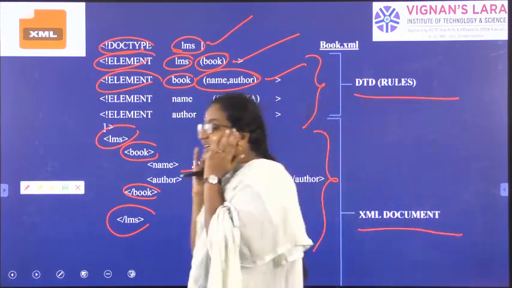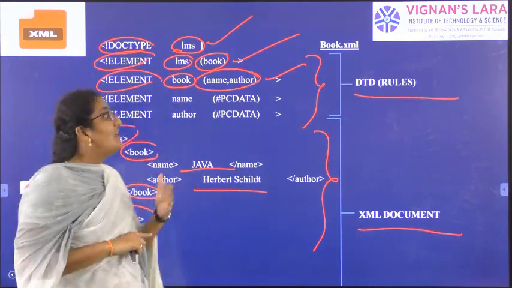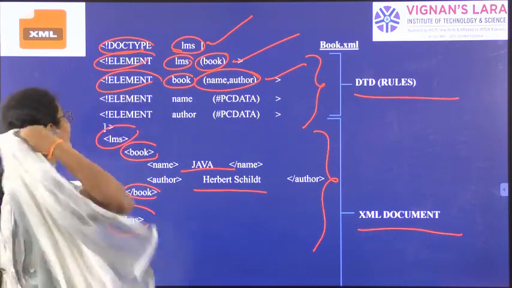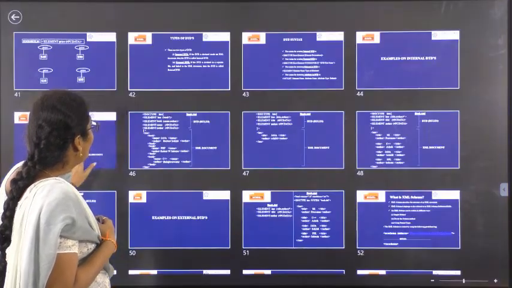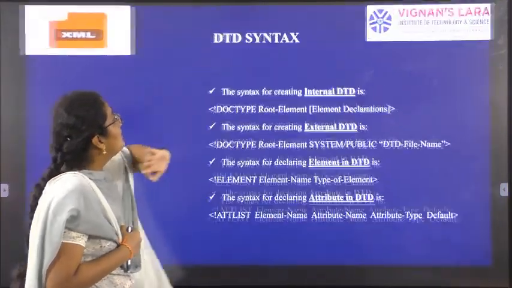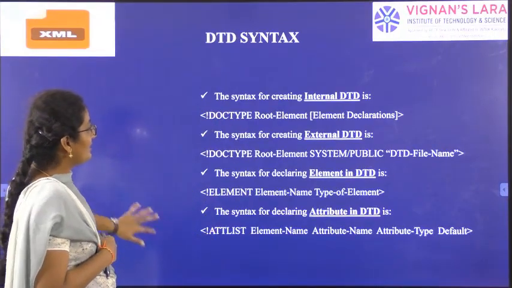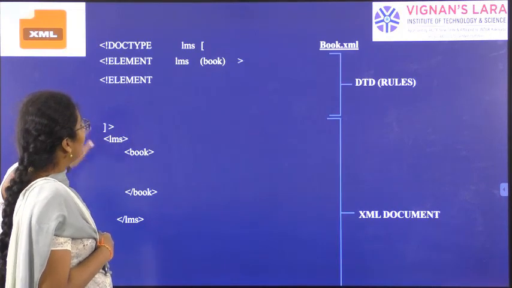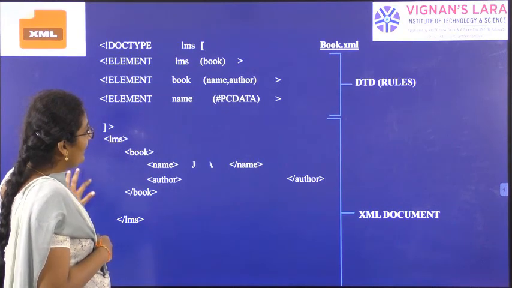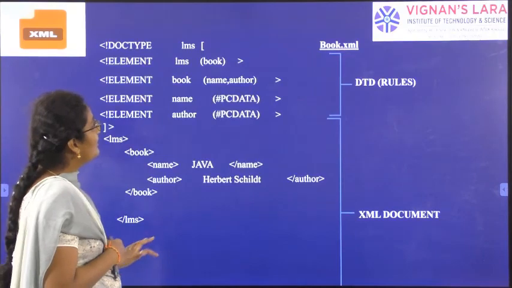So internal DTD means you should have the DTD in the XML file. As we already saw the syntaxes for internal DTD, element and attribute, here with the same syntaxes we have created DTD rules and an XML document stored entirely in the same file.